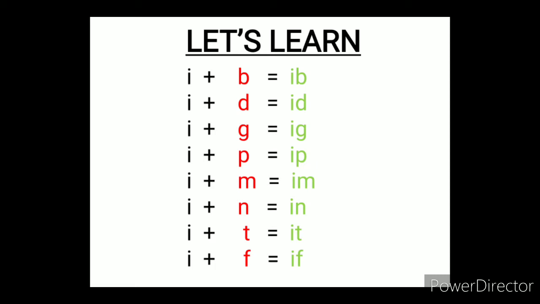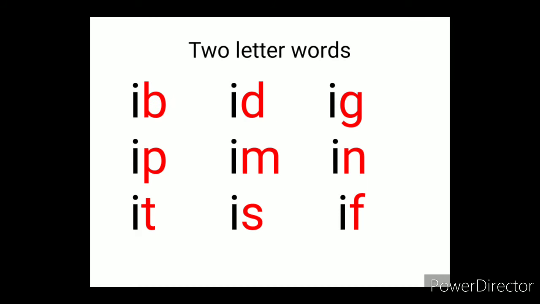E, f, if. Now children, first of all you will read it one by one, okay? But after doing some practice, you will read it directly like ib, id, ig, ip, im, in, it, is, if.